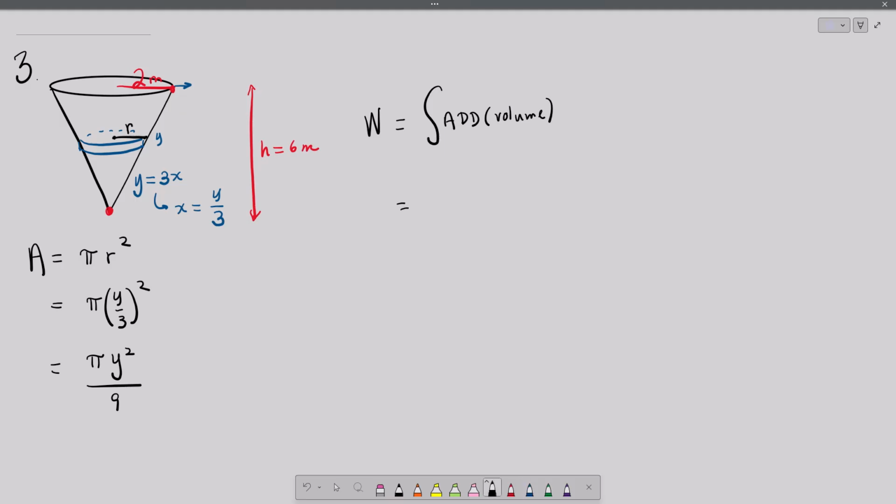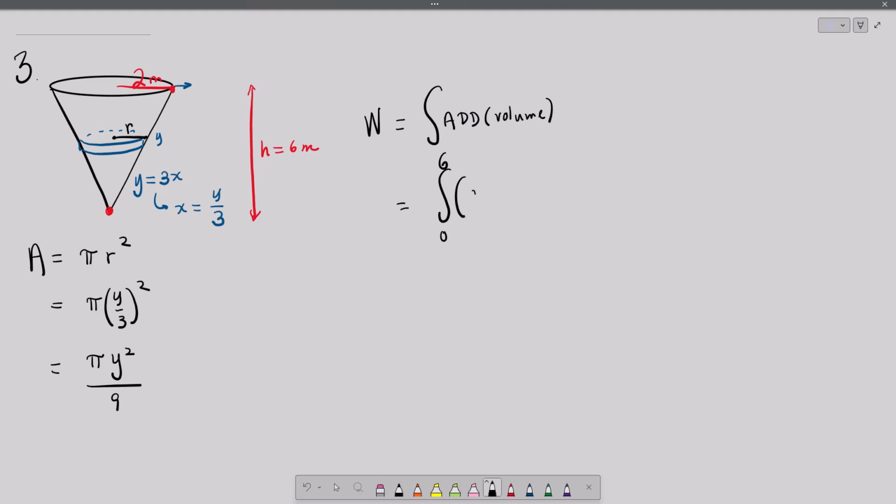So how about limits of integration? 0 to 6. We're measuring vertical. We're adding the work to pump each layer or slice of water out the top, so we have slices of water between 0 and 6. And then ADD. Acceleration due to gravity, 9.8.